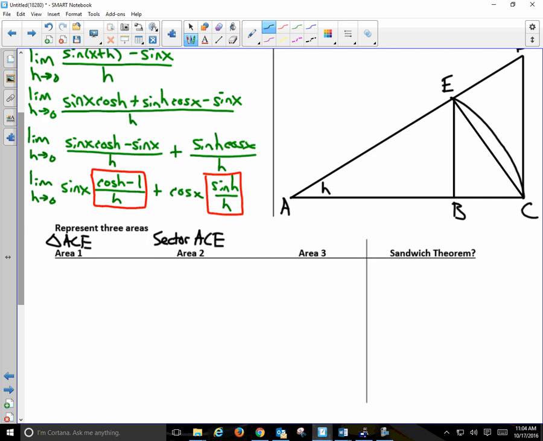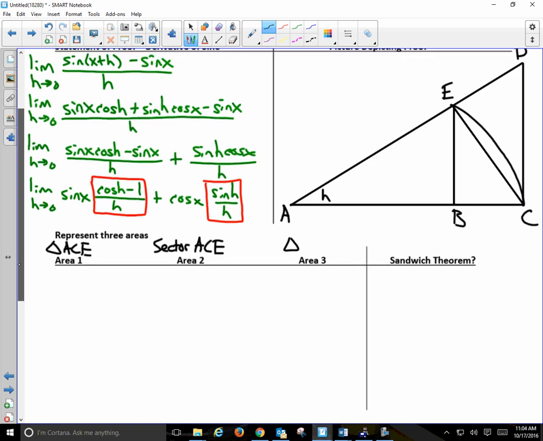What's a sector? Not a vector. A sector is like a pie-shaped portion of a circle, right? So that would include this little sliver right here, okay? And then we finally have one more, and that would be the area of triangle ACD.